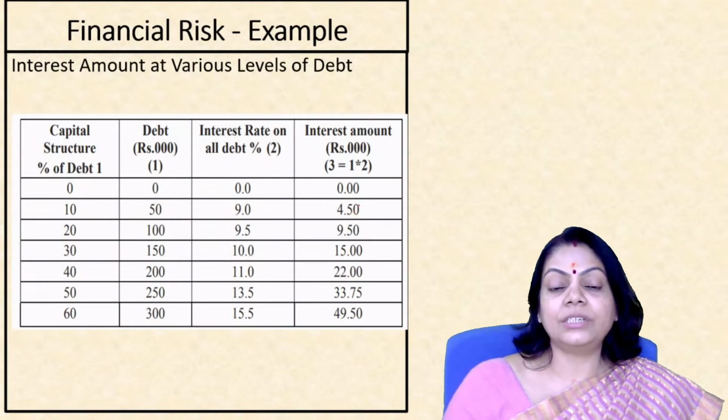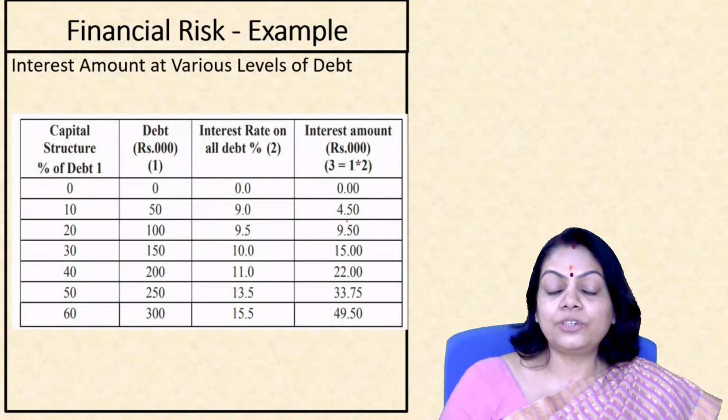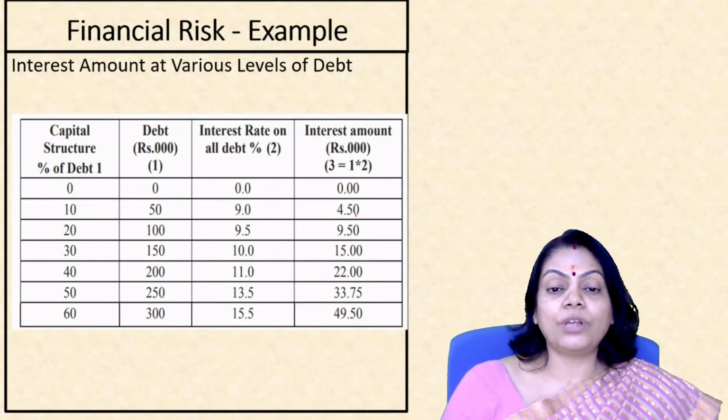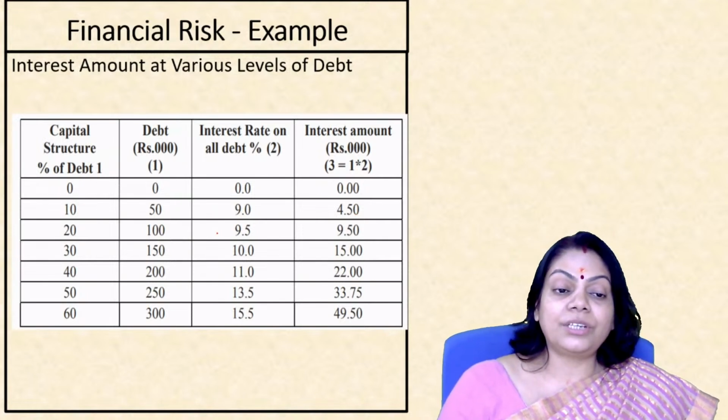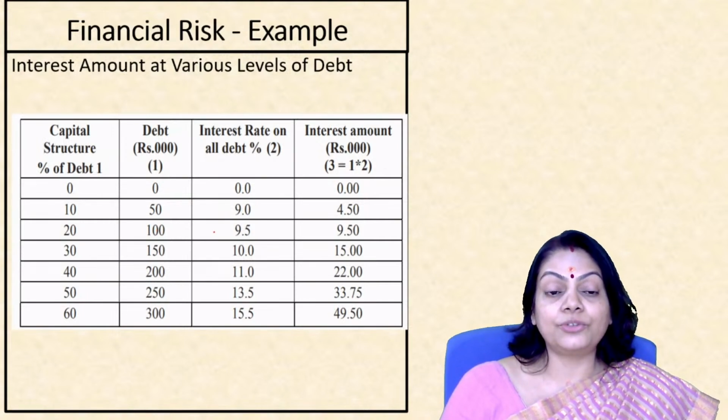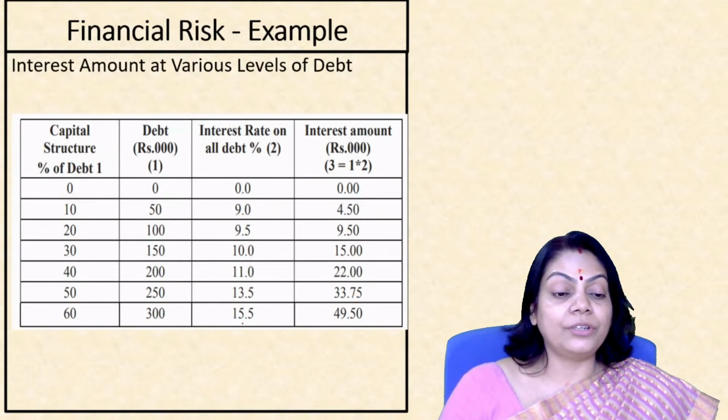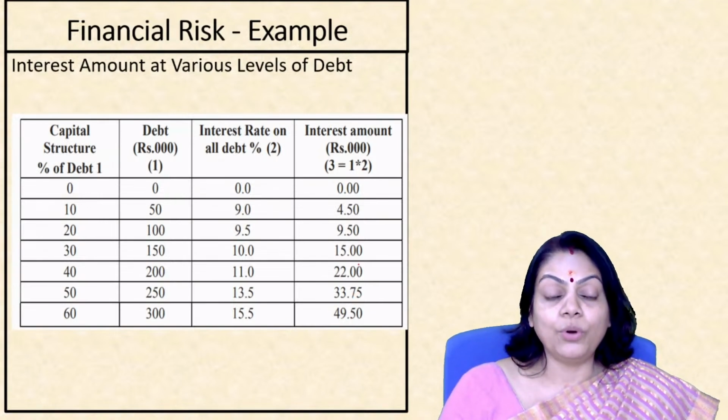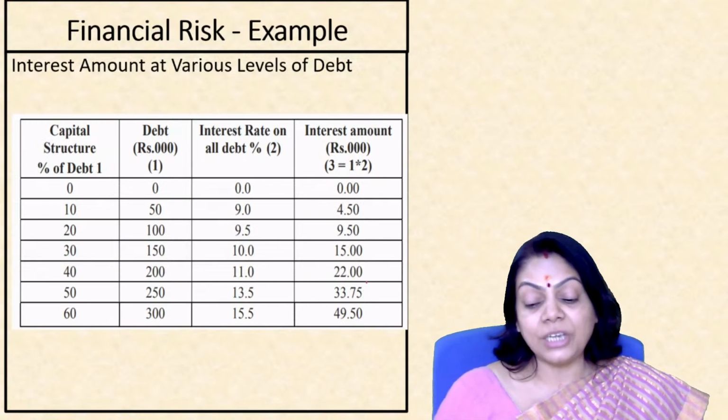Yes, this is not in thousands, 4,500 is the interest amount. In case of the next plans, my interest is 9,500, then 15,000, 22,000, 33,750, 49,500. So this is how my interest will grow depending on the 7 financial plans.